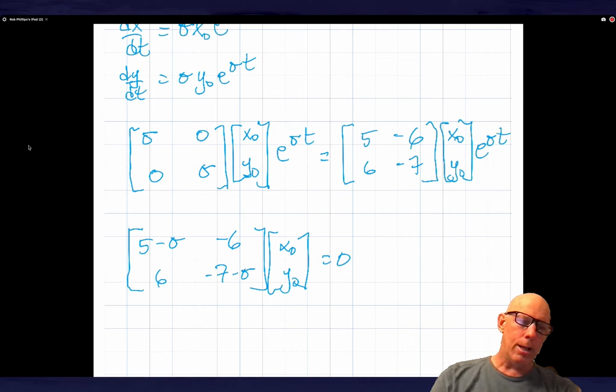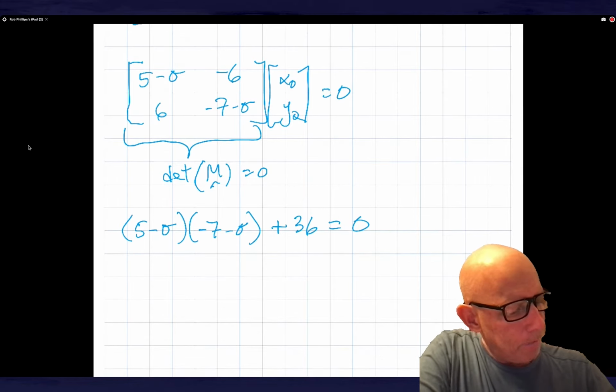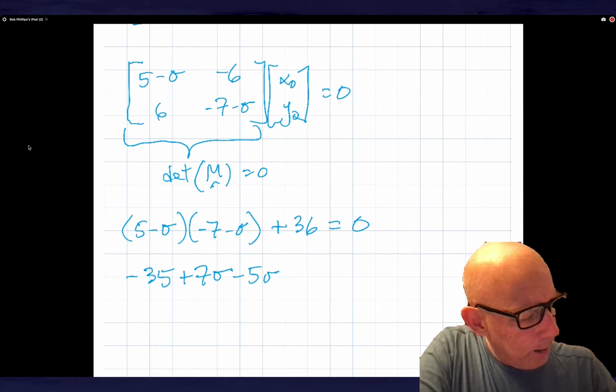So, the determinant is (5 minus sigma)(minus 7 minus sigma) plus 36 equals 0. That gives me minus 35 plus 7 sigma minus 5 sigma, plus sigma squared, plus 36 equals 0.